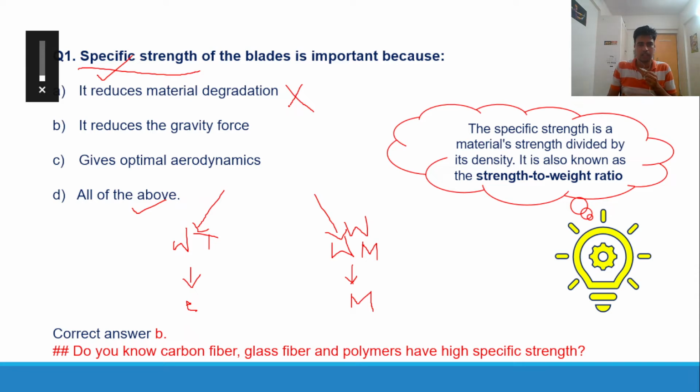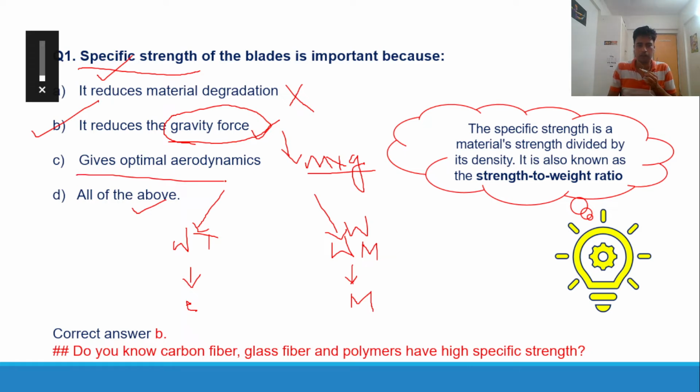It actually reduces the gravity force, because it is strength divided by mass, so a less massive material can give high strength. That is why it has to do with the gravity force: it reduces the m into g, that is the weight of the material. So the correct answer is B.